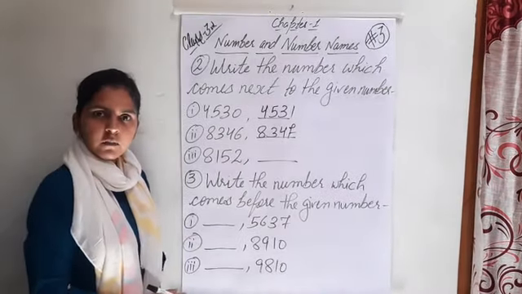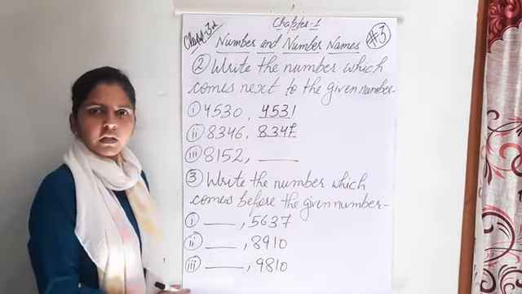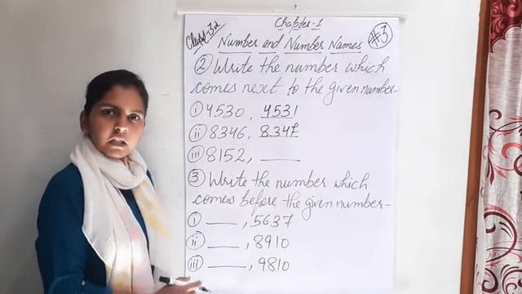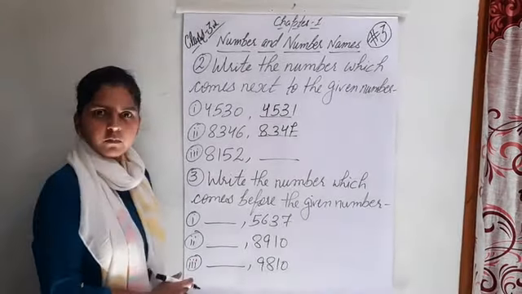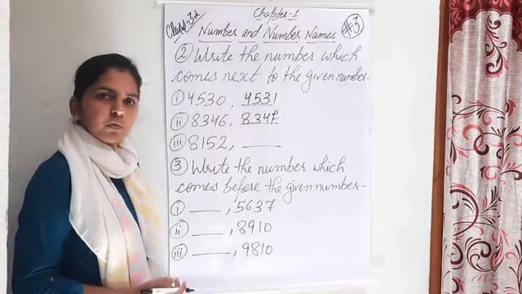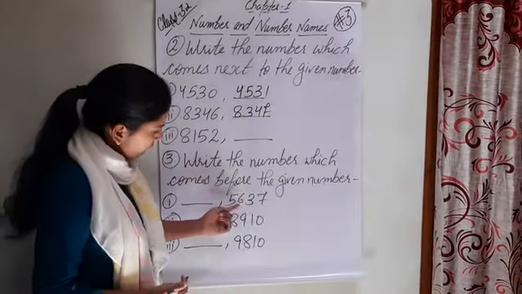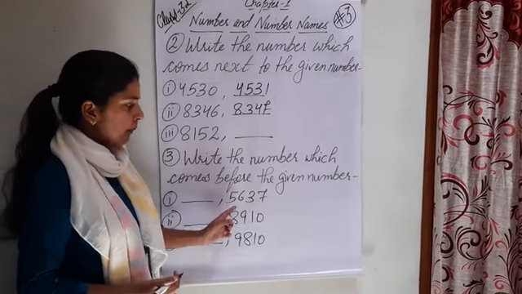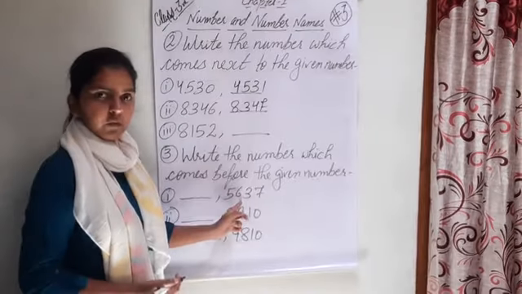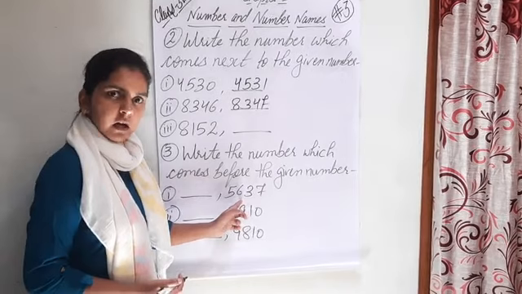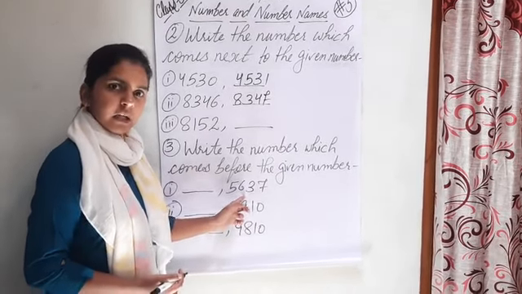And to find the predecessor of a given number, what we need to do? We need to subtract 1 from the given number.